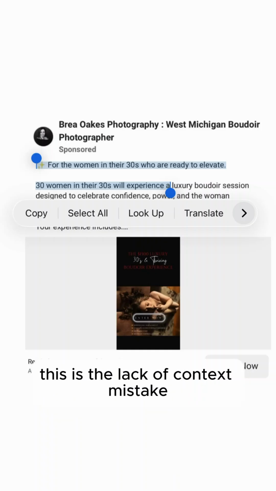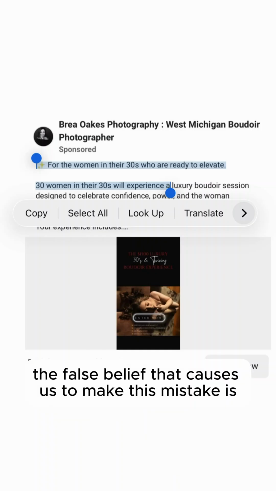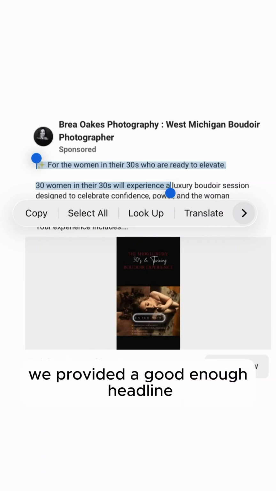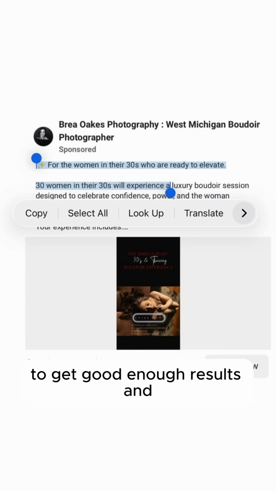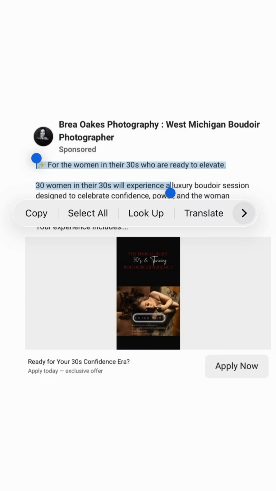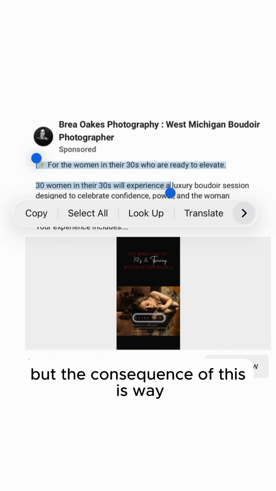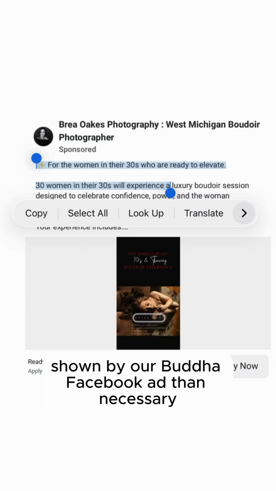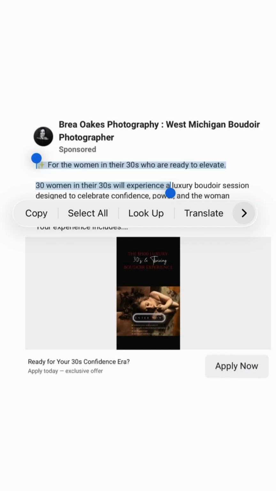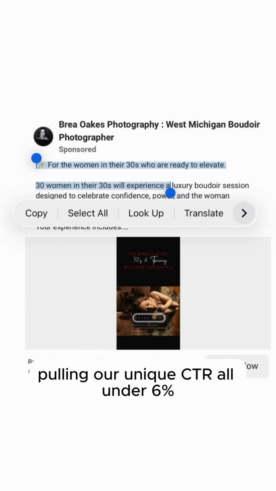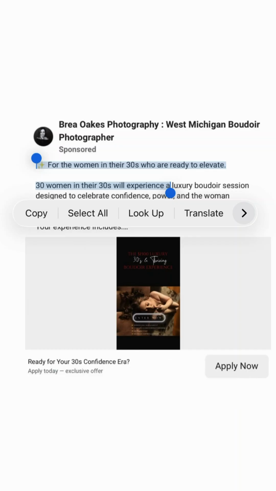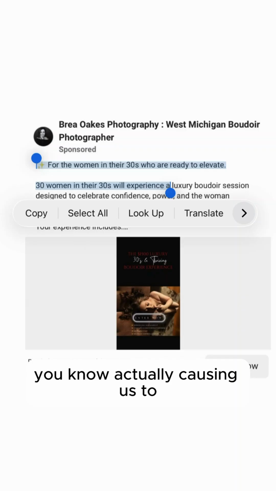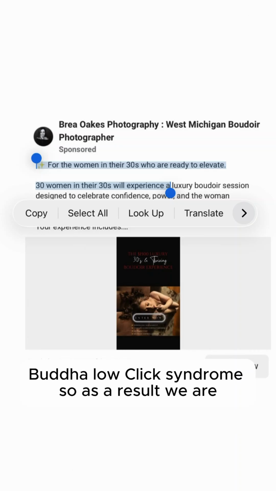Yeah, this is the lack of context mistake. The false belief that causes us to make this mistake is we believe we provide a good enough headline to get good enough results, and it's kind of similar to what everyone else is doing. But the consequence of this is way, way, way more women scrolling by our Boudoir Facebook ad than necessary, pulling our unique CTR under 6%, and causing us a higher probability of having BLCS, Boudoir low click syndrome.